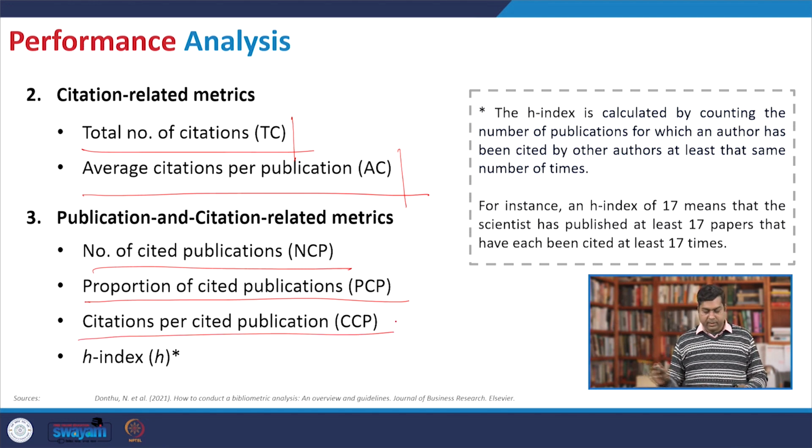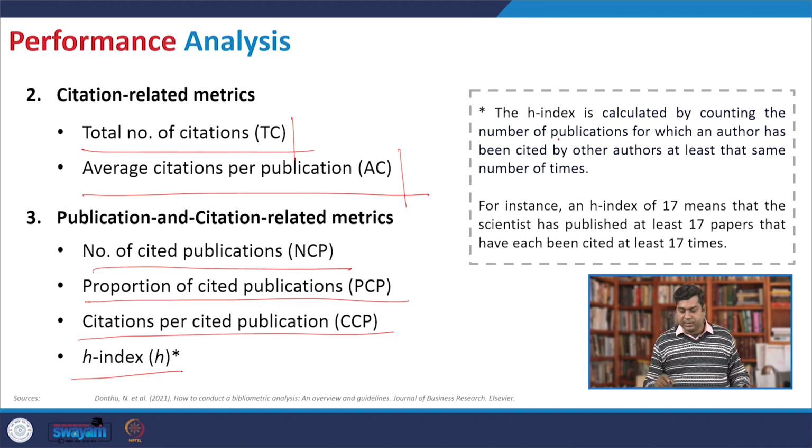Citation per cited publication, CCP, is another matrix, and also the H index. The H index is nowadays a good indicator, many a time, for evaluation of a student, or for the profession, for any such kind of academic upgrade or promotion. So, people can look at this H index.